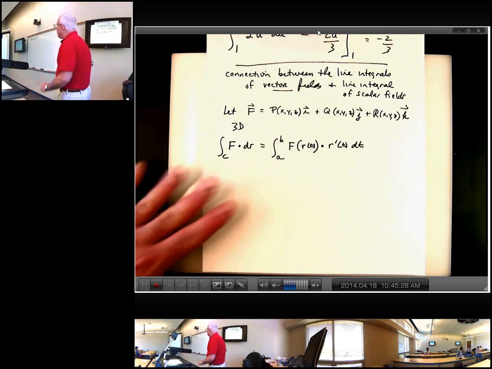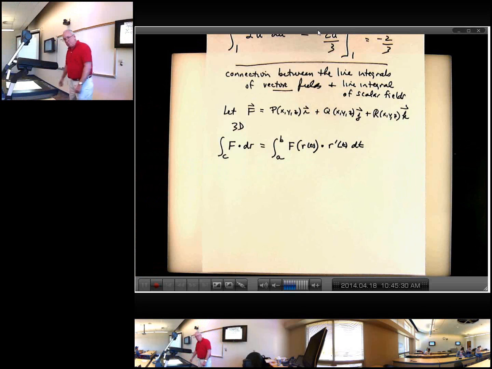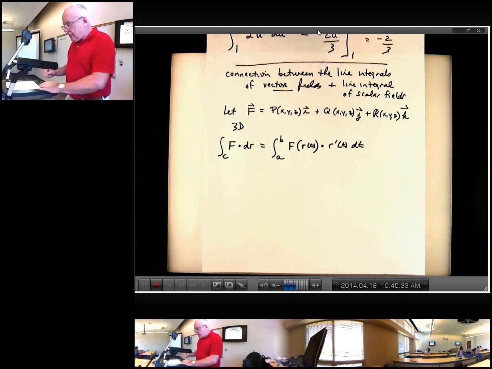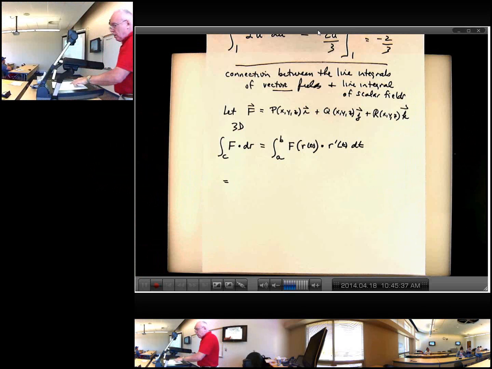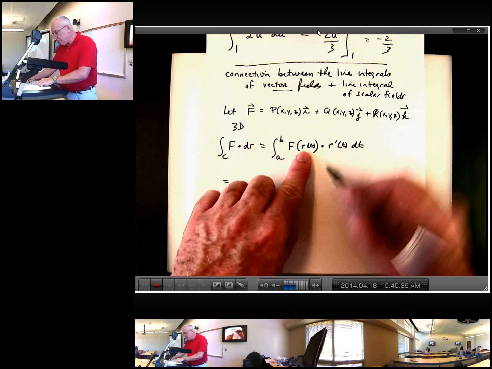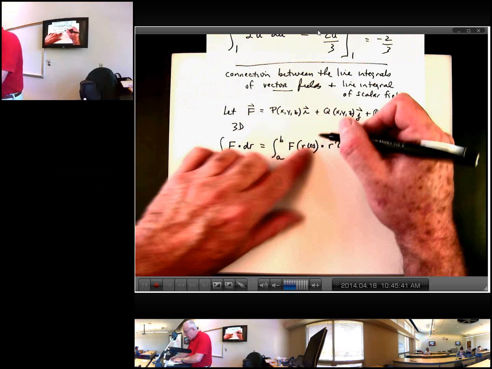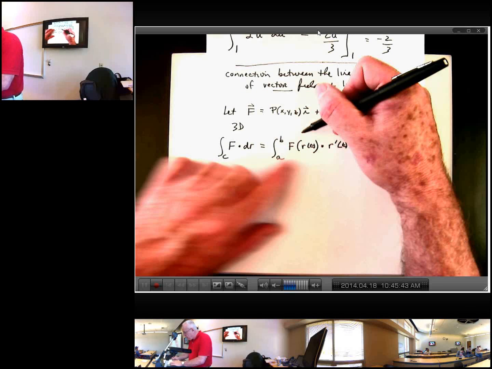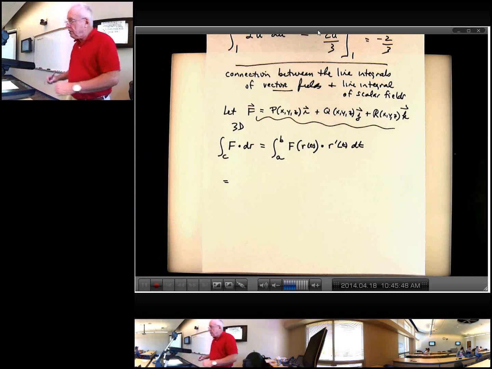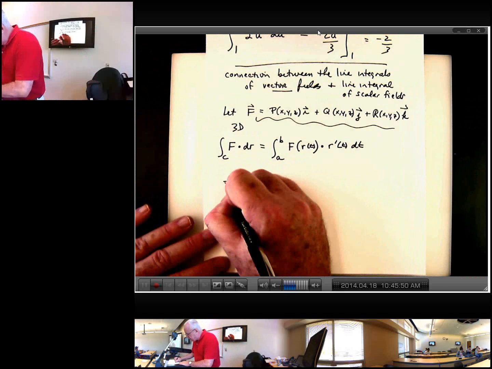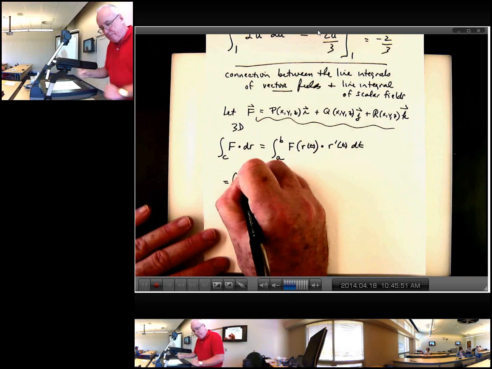That's the formula we just had. Let's write this a little bit differently. I'm going to use my definition of the F function.